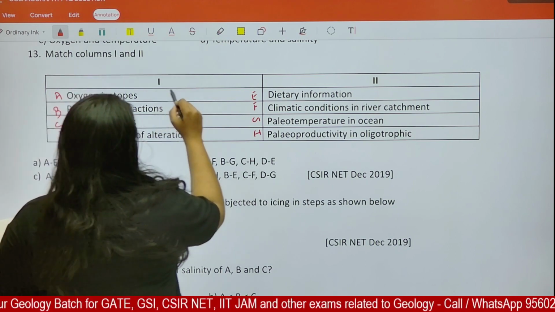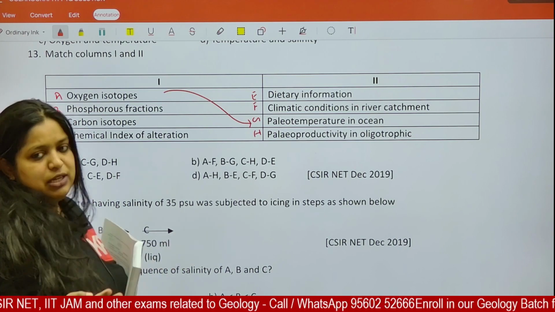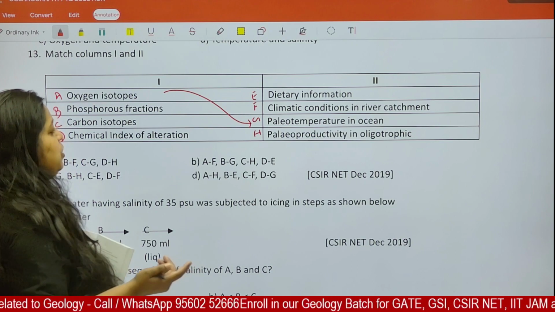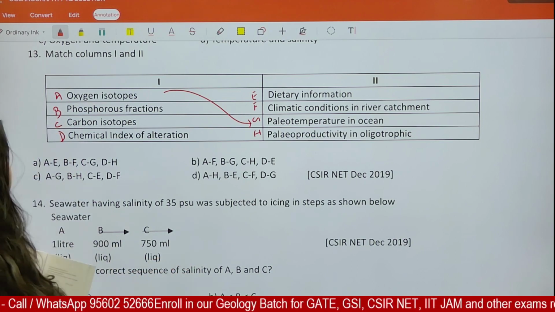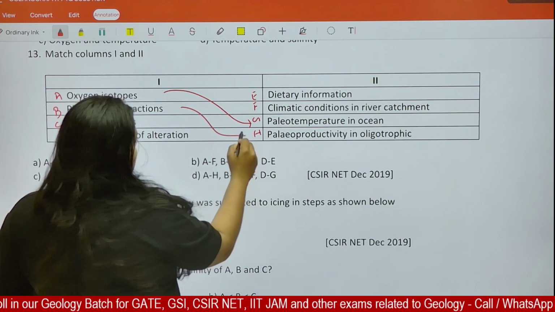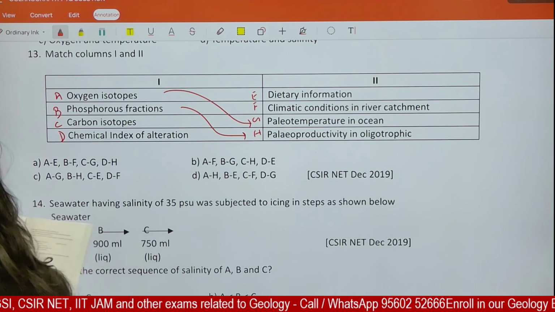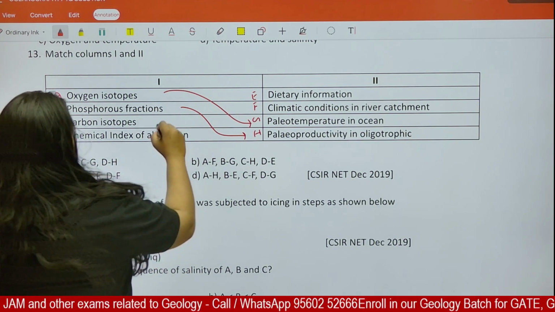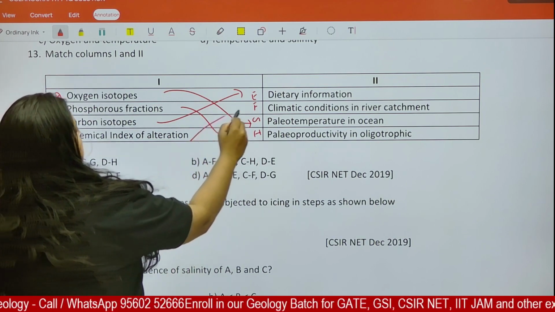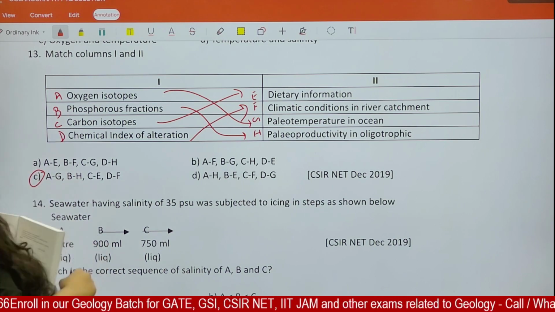Oxygen isotope is for paleo temperature analysis in ocean to define whether it is glaciation, deglaciation, the climatic conditions, etc. Phosphorus fraction is defined for paleo productivity in oligotrophic condition. Carbon isotope is for dietary information. Chemical index of alteration is for chemical conditions in the river. So the answer will be C.